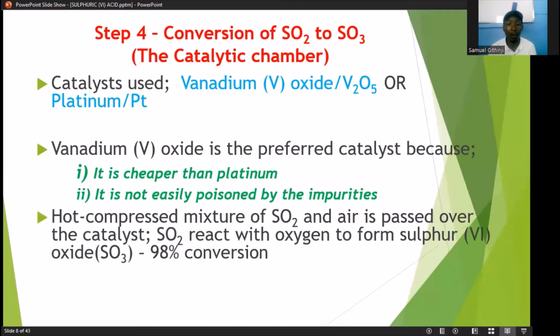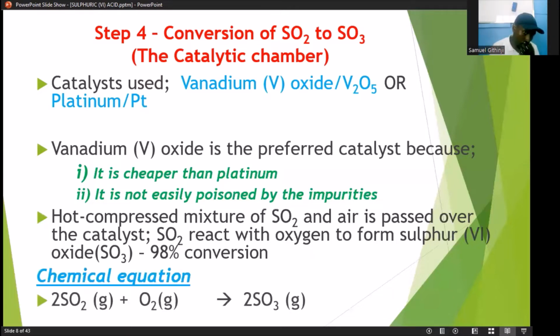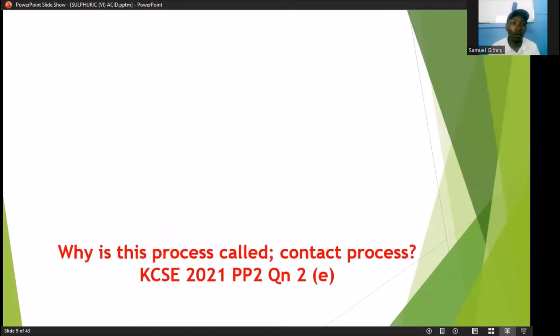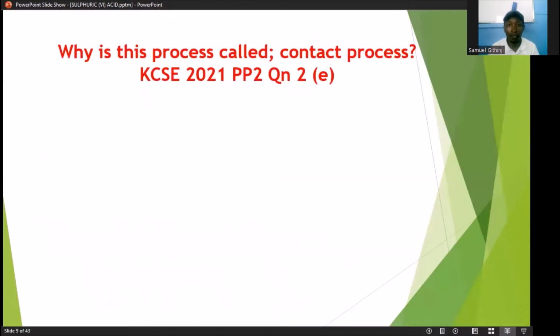Then we have the hot sulfur 4 oxide being passed over the catalyst, and the sulfur 4 oxide reacts with oxygen, and with 98% conversion, you get sulfur 6 oxide. Good. The chemical reaction for that is well given there. We go to the next question.